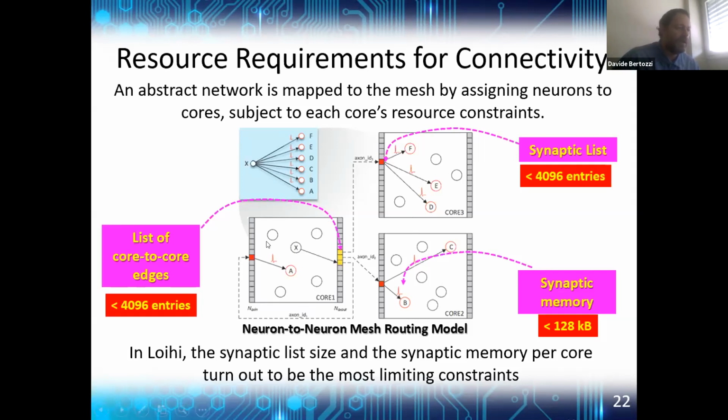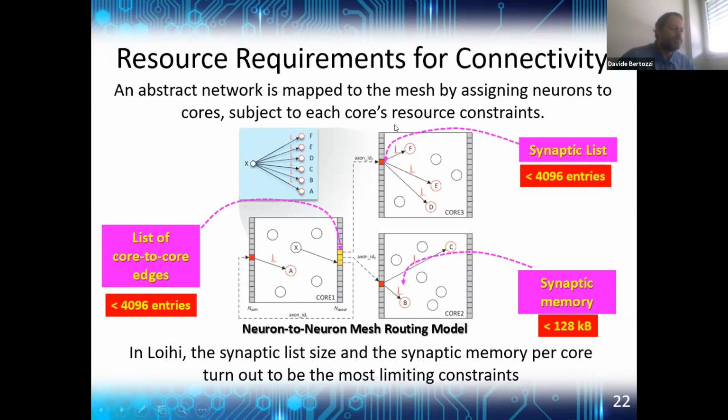Okay, so you cannot have more than 4,096 yellow entries here. Similarly, the total number of synaptic list entries, so the red boxes at the input of the neural cores, must not exceed 4096 entries. This is the number of input side axon identifier routing slots. It is highlighted here in red.